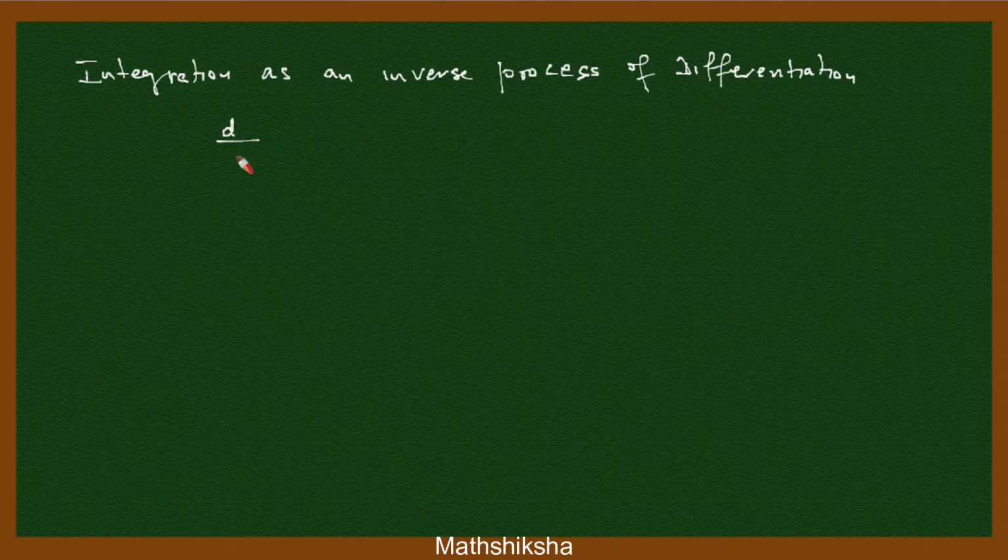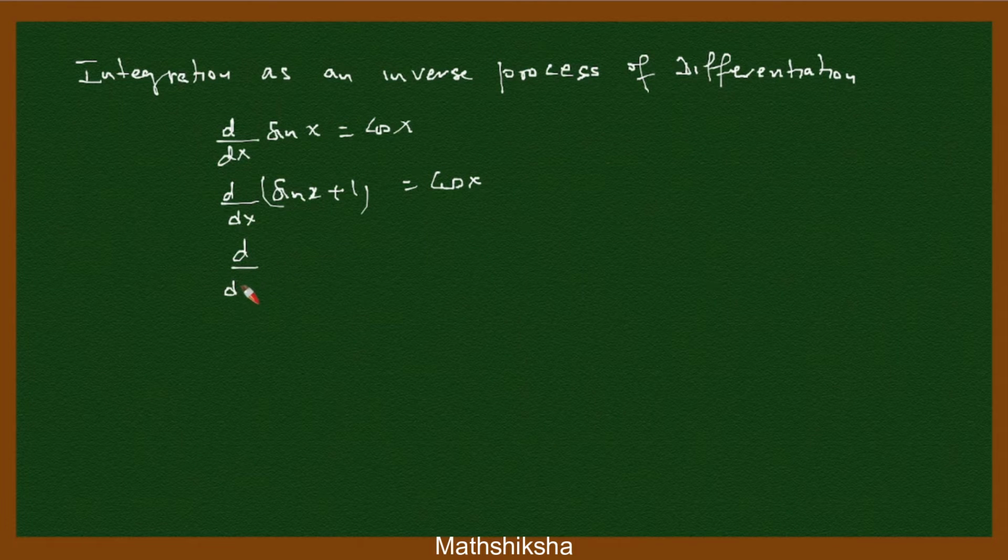So let us consider this: d by dx of sin x is cos x. Now, to our mind, there is a question: what are all those functions whose derivative is cos x? d by dx of sin x is cos x. d by dx of sin x plus 1 is also cos x. d by dx of sin x plus any constant is cos x.